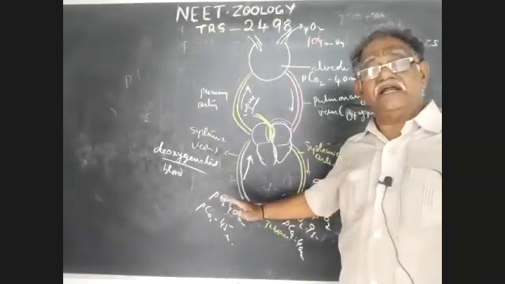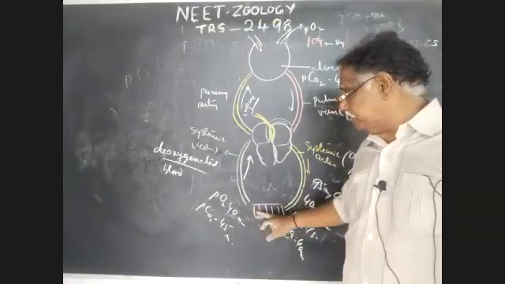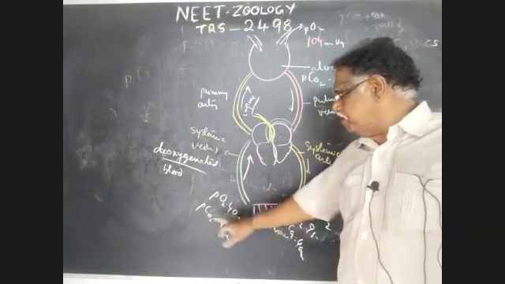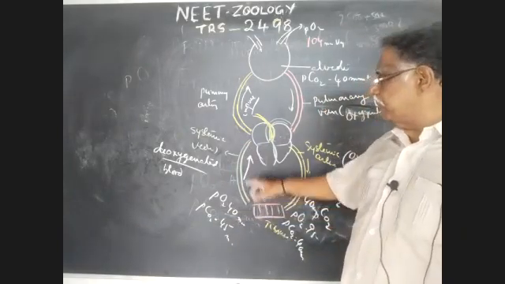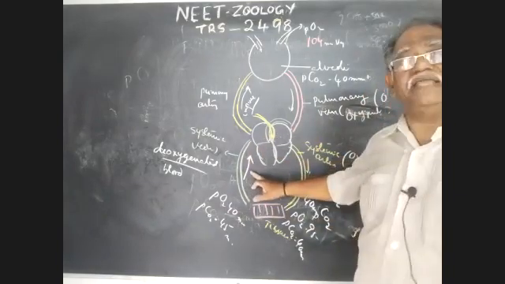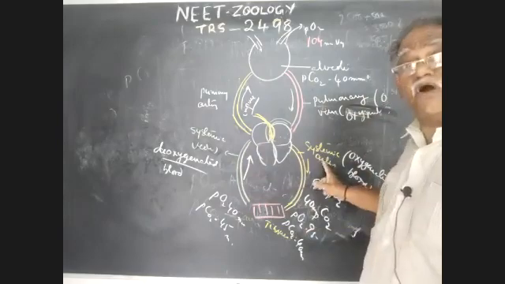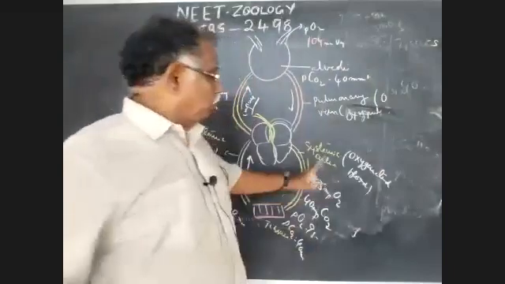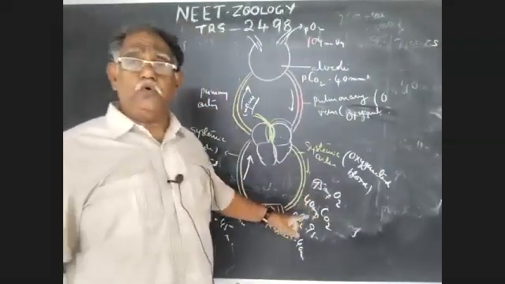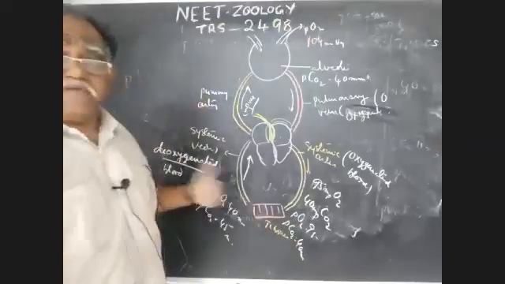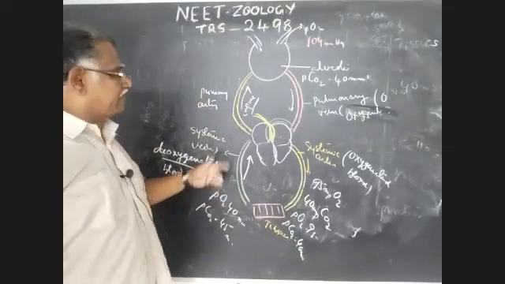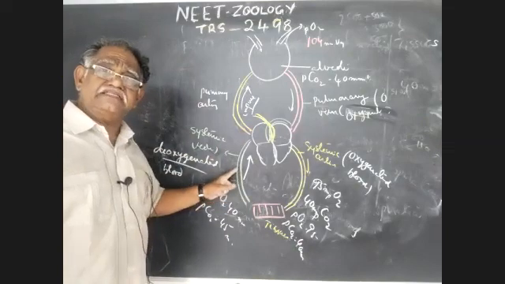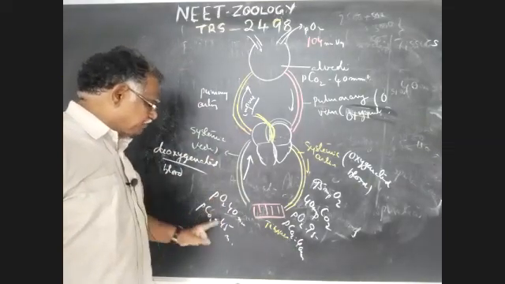From cells, deoxygenated blood is collected, carrying PO2 40, PCO2 45. Deoxygenated blood reaches the heart through systemic veins, having PO2 40 and PCO2 45.